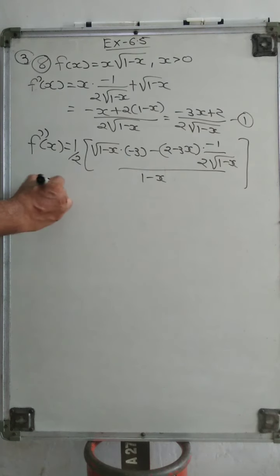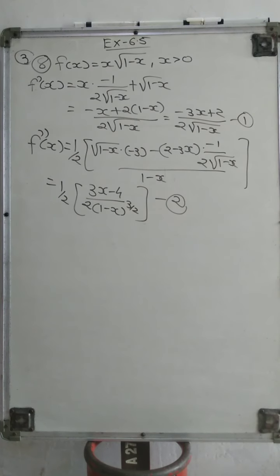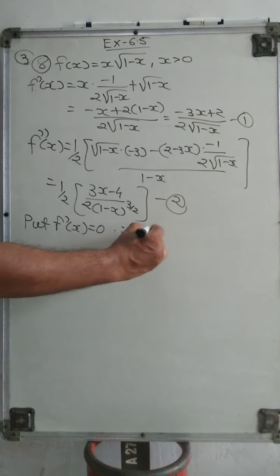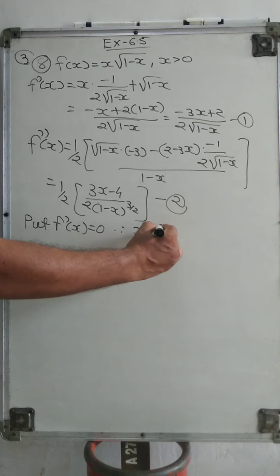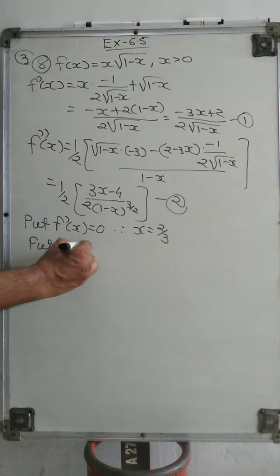Okay, now when we simplify it, we get this answer: 1 by 2, (3x minus 4) upon 2 root 1 minus x raised to 3 by 2. Now put f dash x equal to 0. It means x equal to 2 by 3. Put it in.